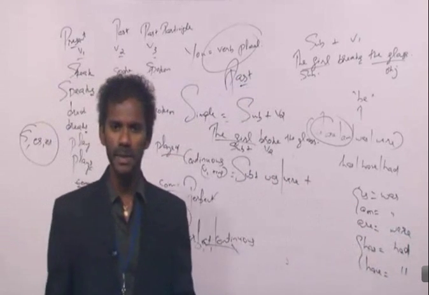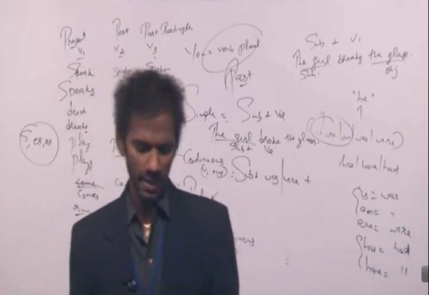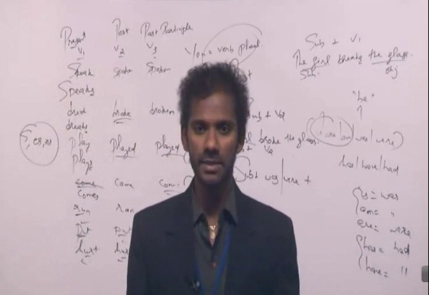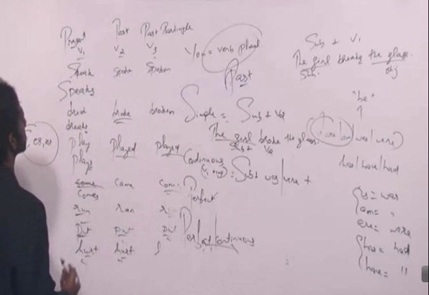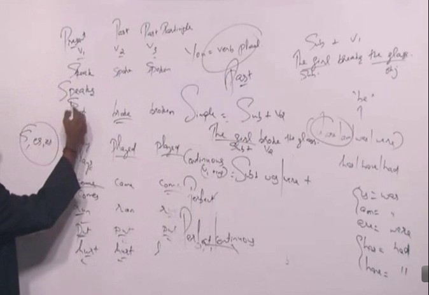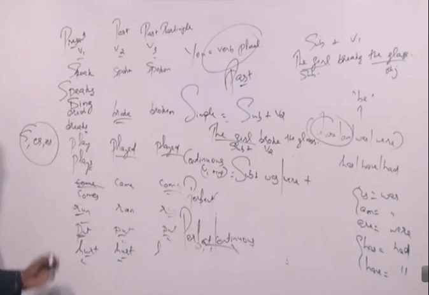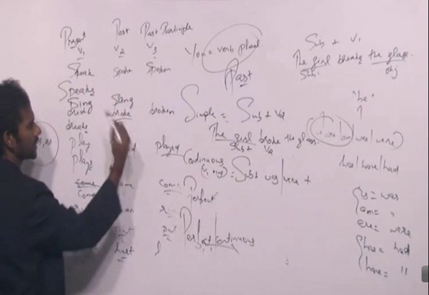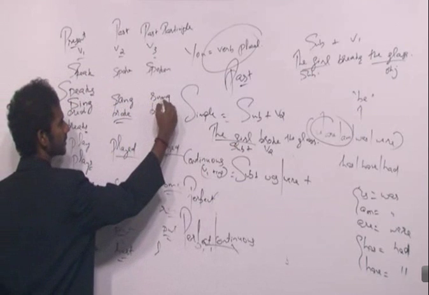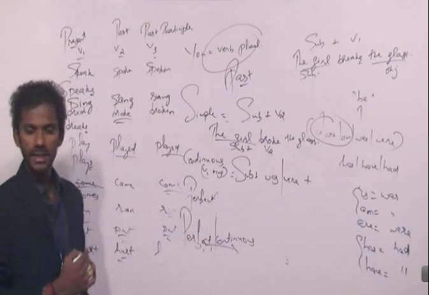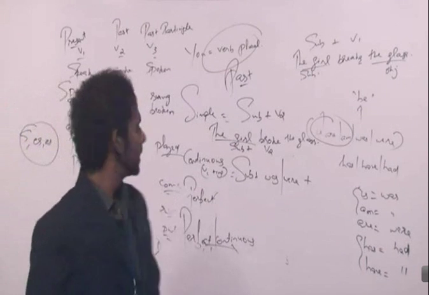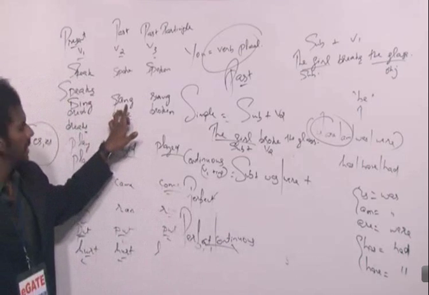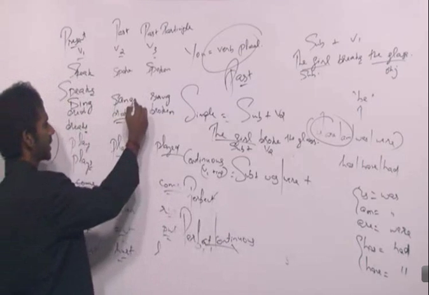Continuous is V1 plus ing, V2 plus ing. Now there's nothing like V2 plus ing, right? If I say sing, sing is V1. V2 of sing, sang. V3, sung. Right? It's sing, sang, sung. So sang is V2. After writing sang, should I add ing to it?